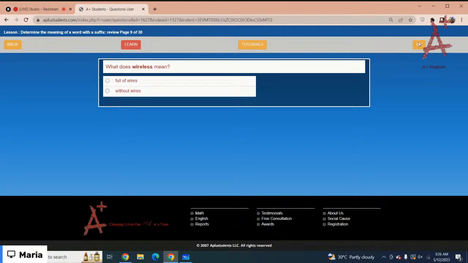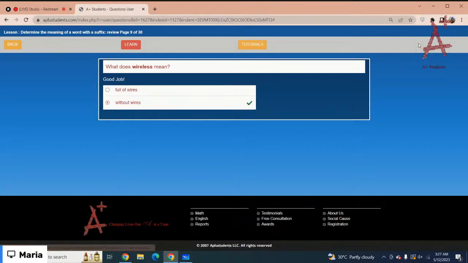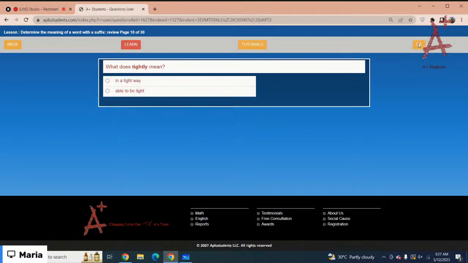What does wireless mean? Wireless means without wires. What does tightly mean? That would be in a tight way.